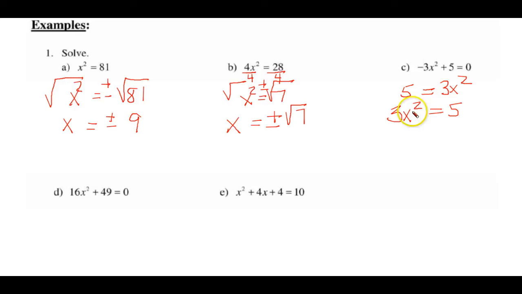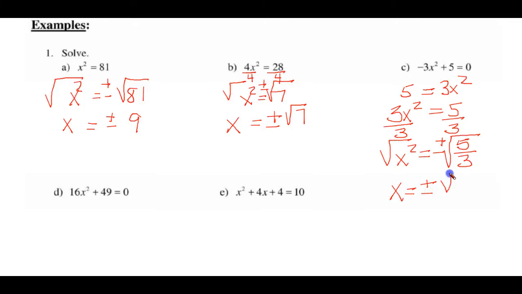Now to get the x squared by itself, divide both sides by 3. I get x squared equals 5/3. Now, if I want to use this same technique, I'll take the square root of this side, plus or minus the square root of that side, and then I get x equals plus or minus the square root of 5 over the square root of 3.